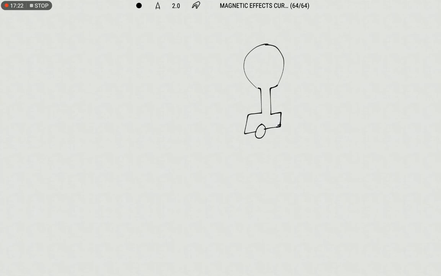It is used to measure the strength and direction of the current. So now we are moving the magnet towards the coil. When you are moving the magnet towards the coil, what will happen?